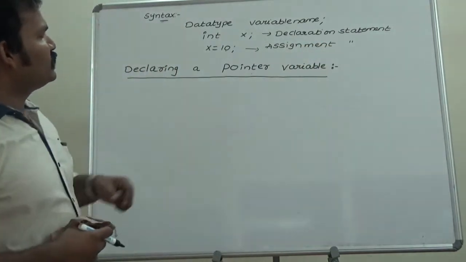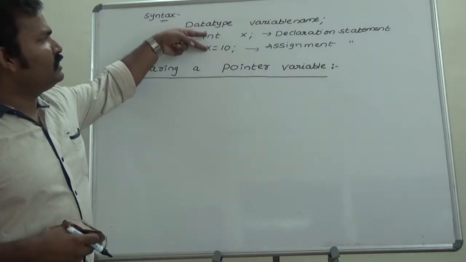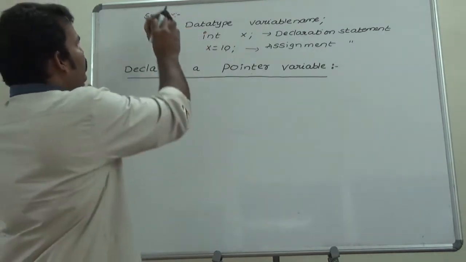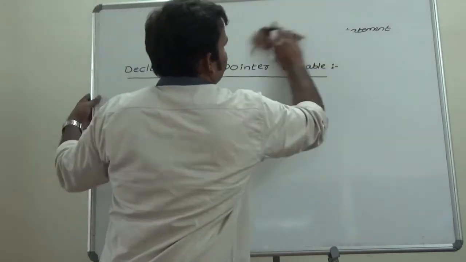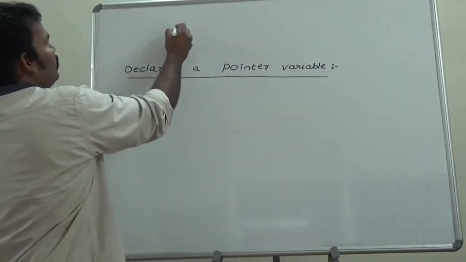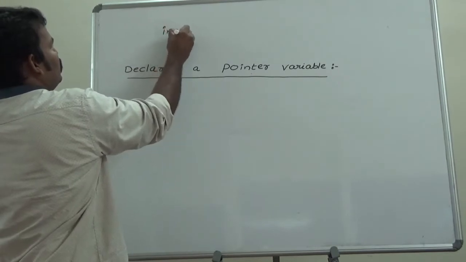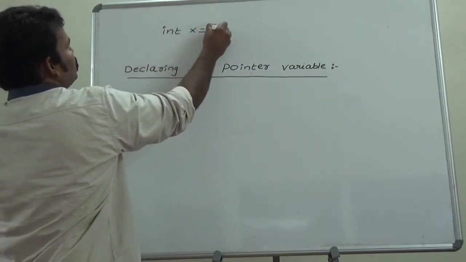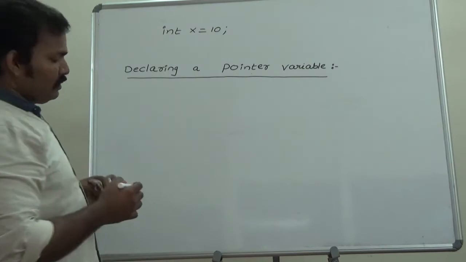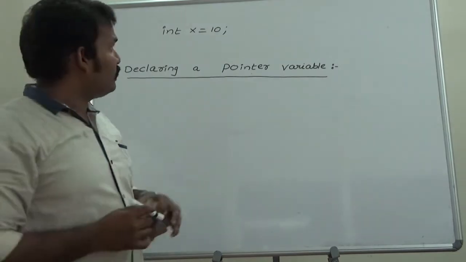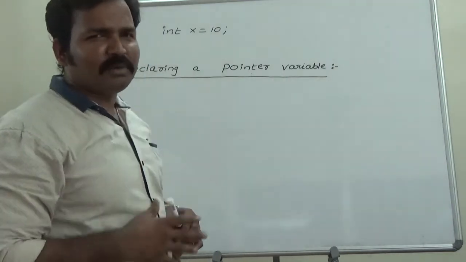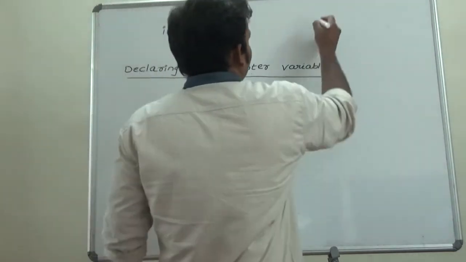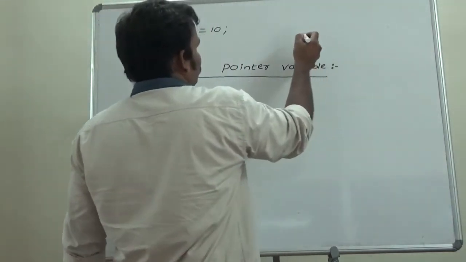Instead of writing these two statements separately, we can write it like this also: int x = 10. When we declare the x variable like this, the C compiler allocates 2 bytes of memory for the x variable. So the internal memory representation will be like this.